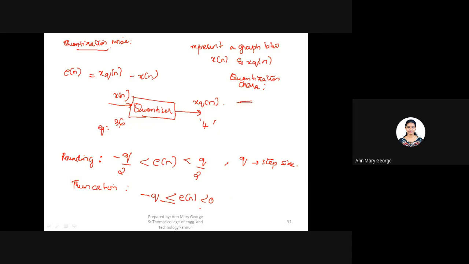Now the next topic is steady state input noise power.